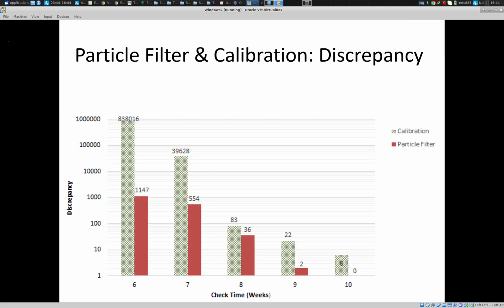You'll notice these are discrepancy numbers, a square root of mean squared discrepancy metric, versus with particle filtering. You can see there's orders of magnitude difference here. Over 800,000 versus just over 1,000. So like 8,000 times 39,000 versus 554.